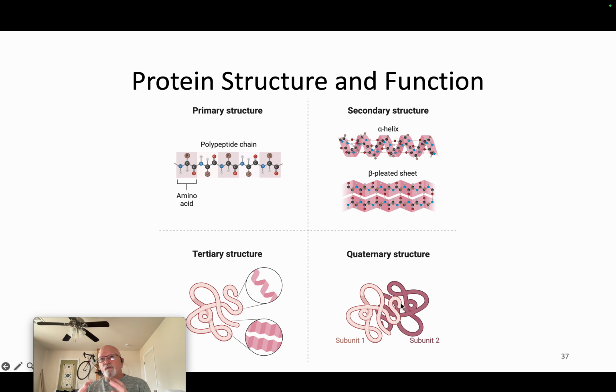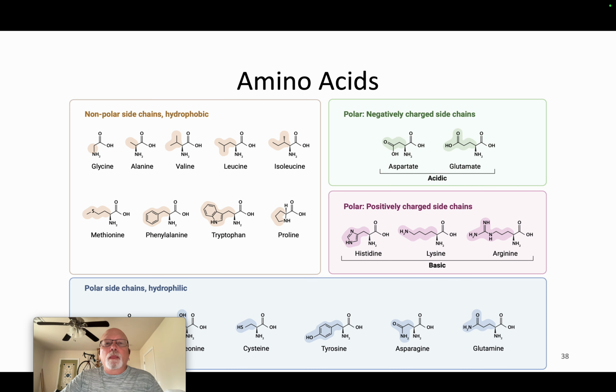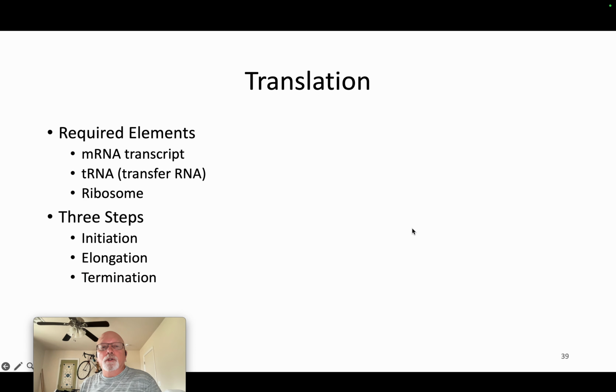So there are 4 proteins that make up the overall molecule of hemoglobin. That's a quaternary structure. Amino acids have different characteristics, especially where charge is concerned. So some are uncharged, other things have negative charges, other things have positive charges.